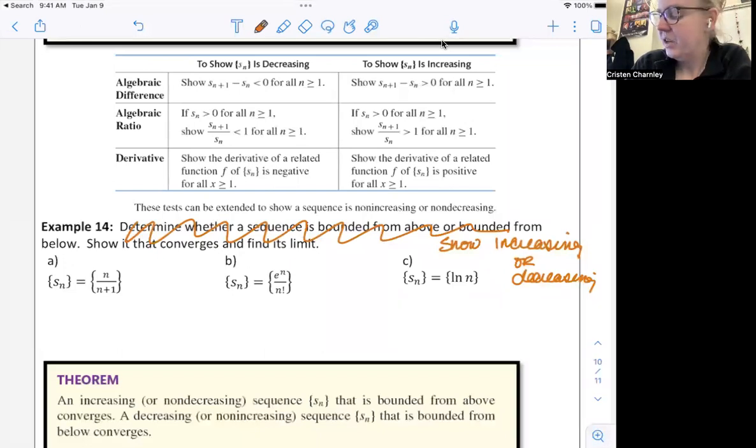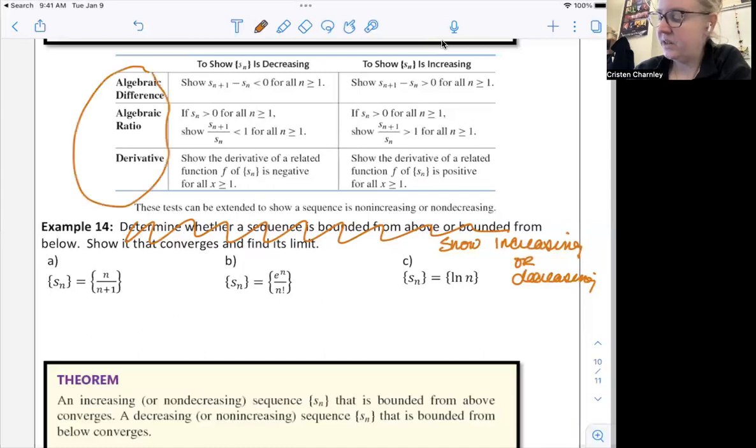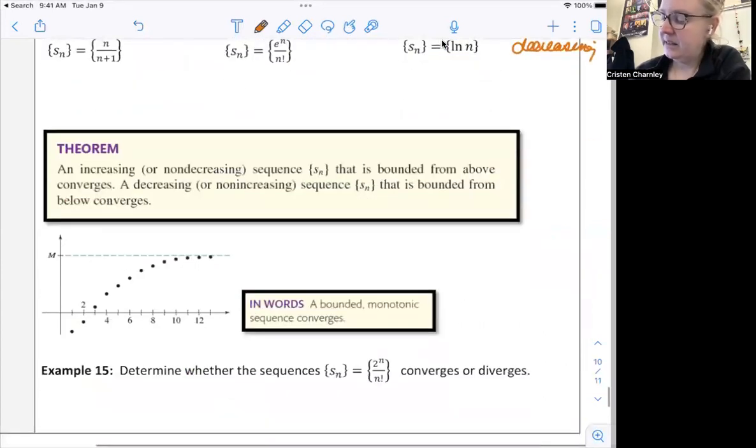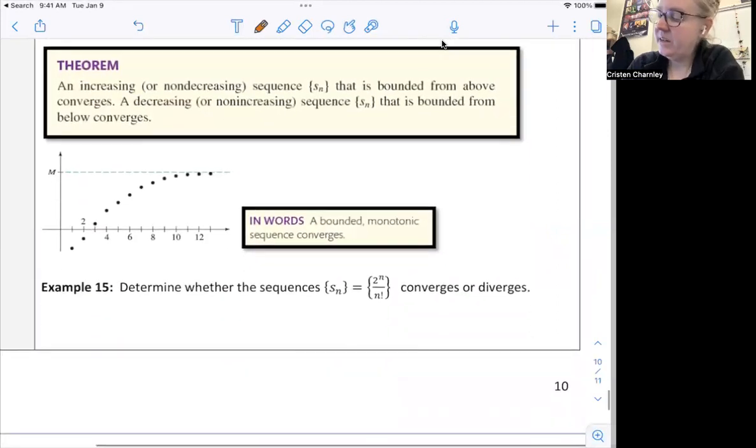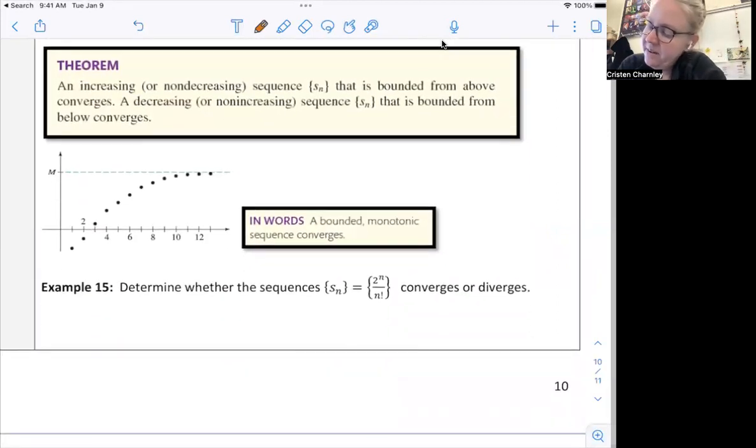All right, new plan, example 14. I don't love it. It's not essential to what we're doing. We're going to skip over this. We'll have these tests later on, but right now I just think it's too much for what we're doing. So skip example 14 for me. And then last but not least, a theorem: an increasing or non-decreasing sequence that is bounded from above converges.